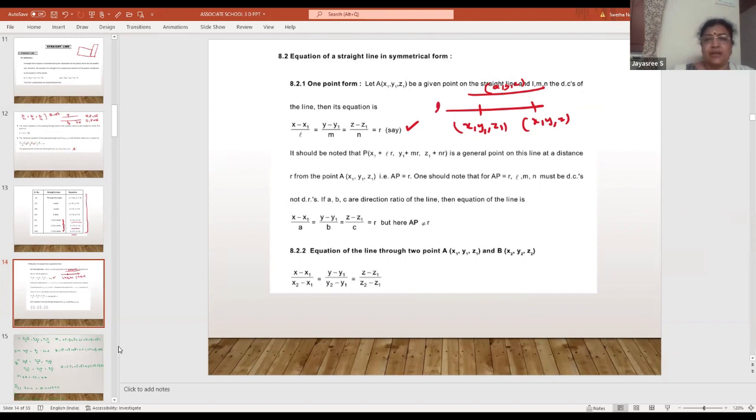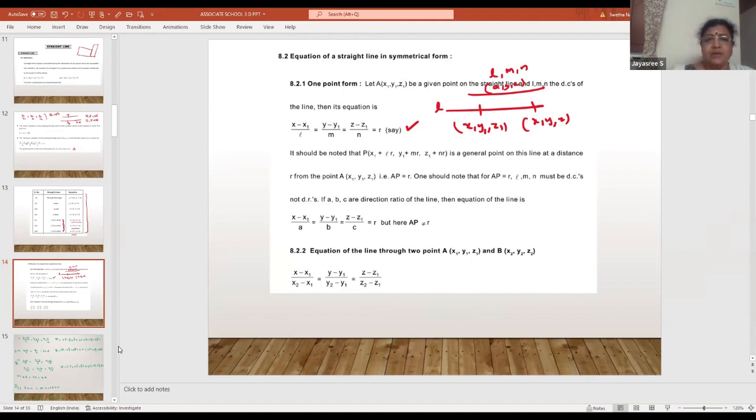If the direction ratio is given in terms of direction cosines L, M, N, then it is x minus x1 by L, y minus y1 by M, z minus z1 by N. If it is a direction ratio, x minus x1 by A equals y minus y1 by B equals z minus z1 by C equals lambda. So here this is the line.